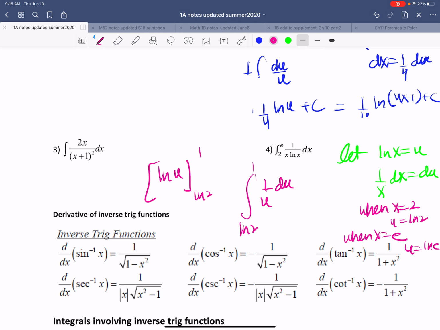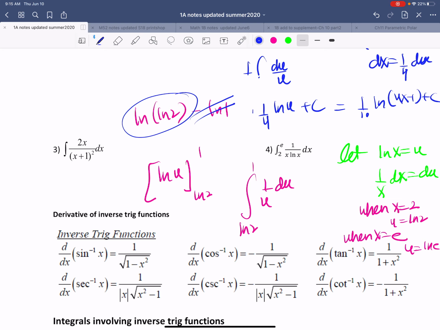So we're ready to write the final answer. Natural log of 2 minus natural log of 1. Natural log of 1 is equal to 0, so we don't need to write this part, and that would be our final answer. And let's see if it's going to be positive or negative.